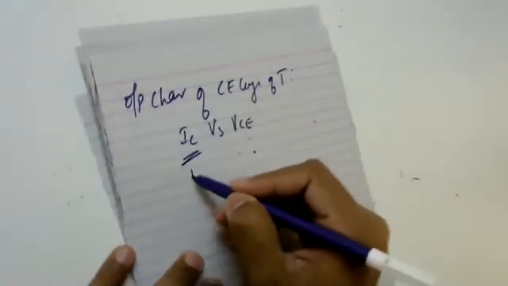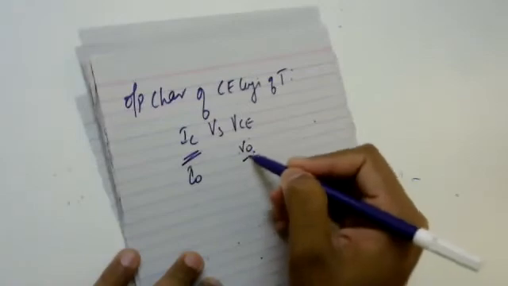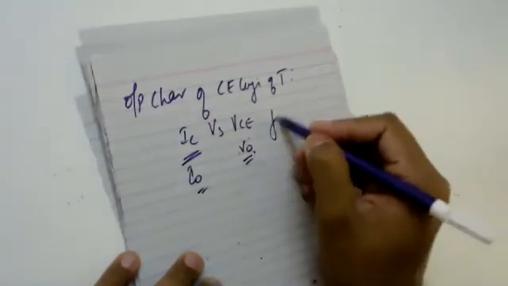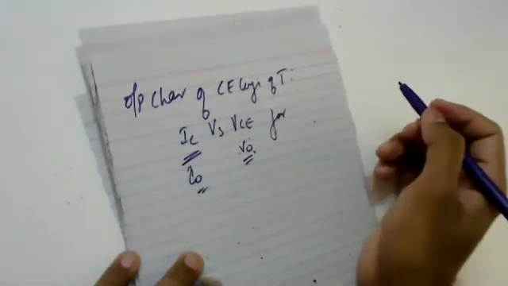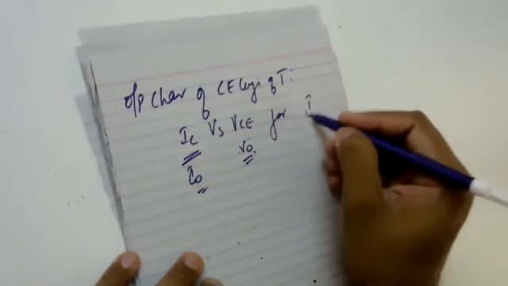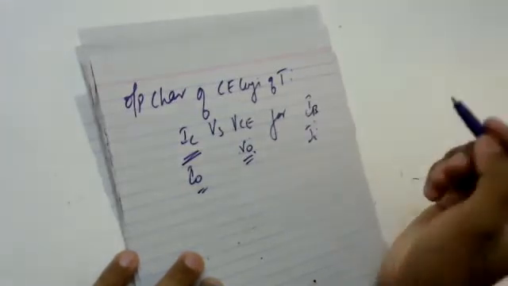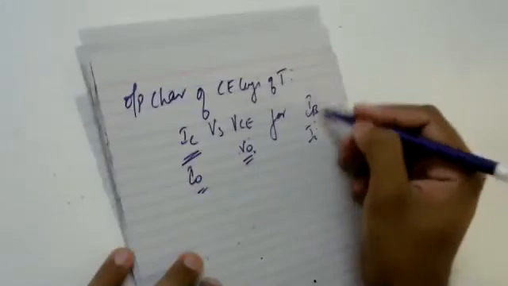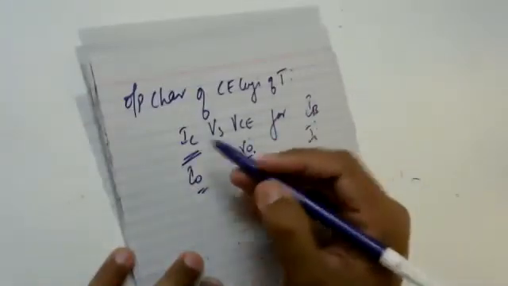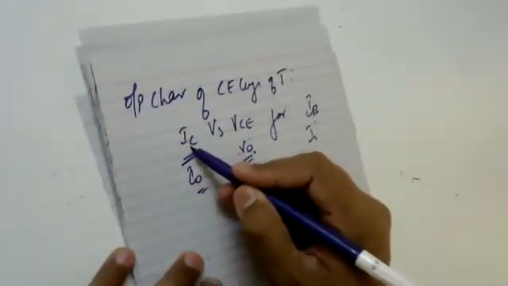So it's output current versus output voltage for different values of input current. Input current is the base current. So for different values of input current, I should plot a graph of the output current versus the output voltage.